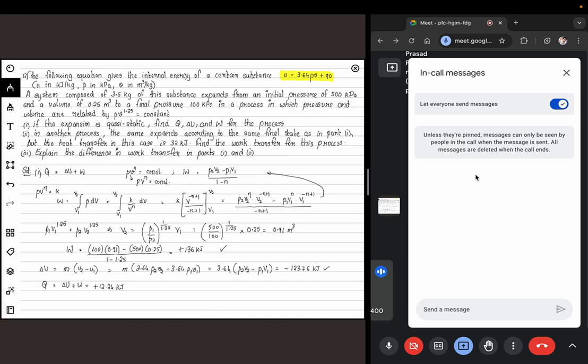The first process is a quasi-static process. Now there is another process, where the same gas expands to the same final state as in part 1. So the initial and final states are the same. However, it says that the heat transfer in the second case is 32 kilojoules.